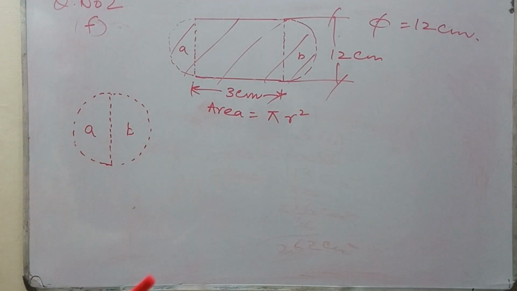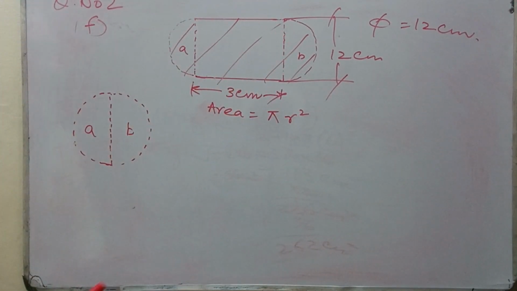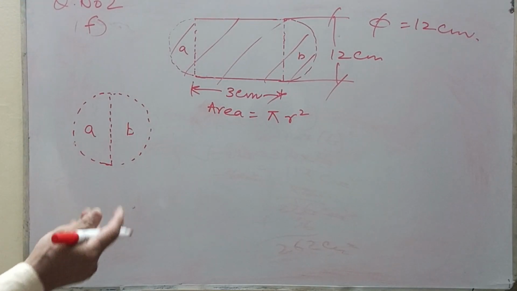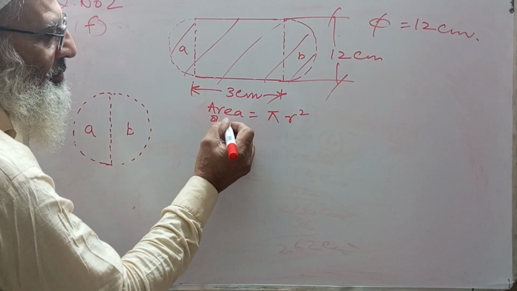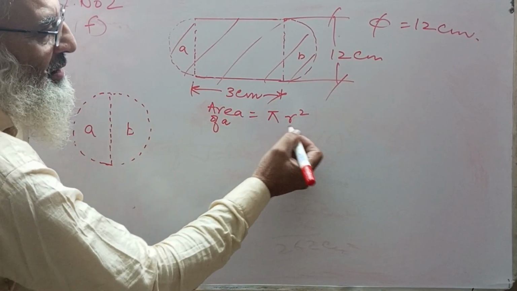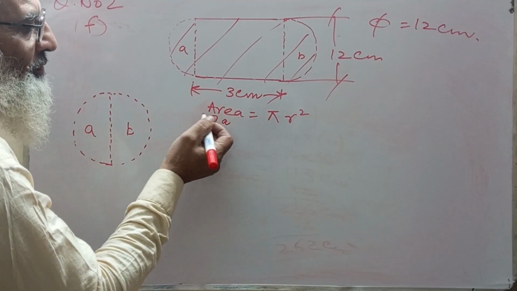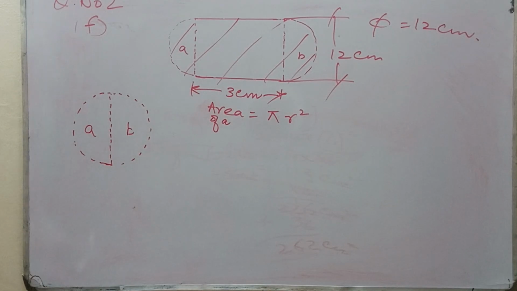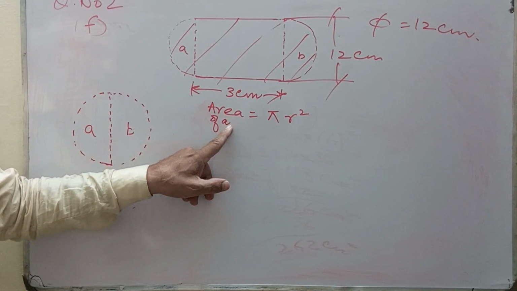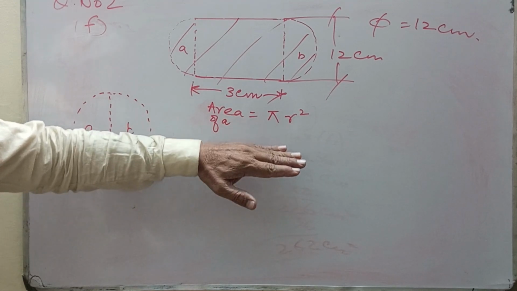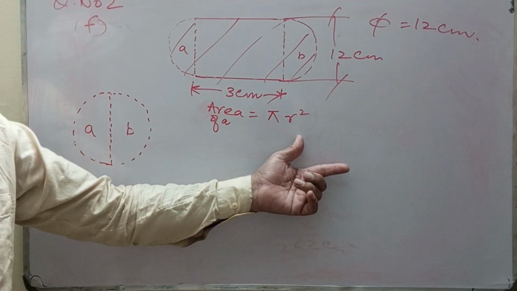But if you find it separately, the area of A, the area of B, for example if you want to find the area of A, then the area will be divided by 2, because this is the area of the full circle.